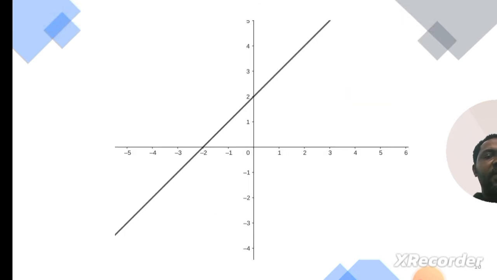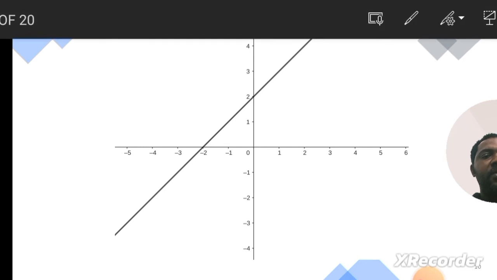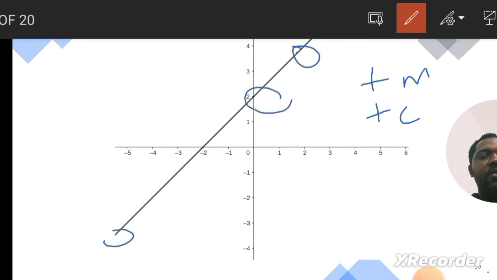Now look at this graph also. There's something you can see here. First of all, it is a positive graph. Why? Because it is increasing from left to right. As you go from left to right, it is increasing. Then secondly, it has a positive intercept. That means plus c. Why? Because it cuts through the positive y-axis.